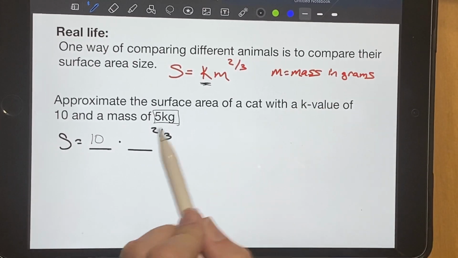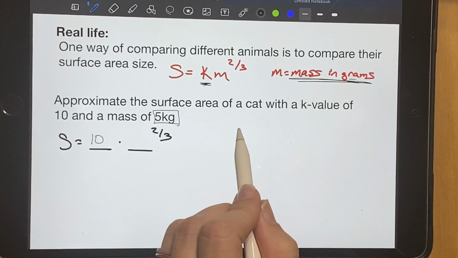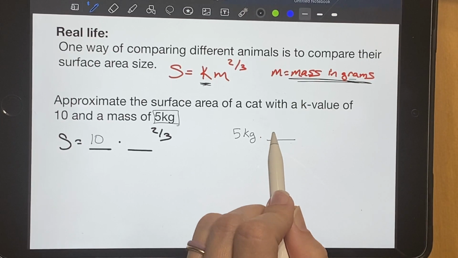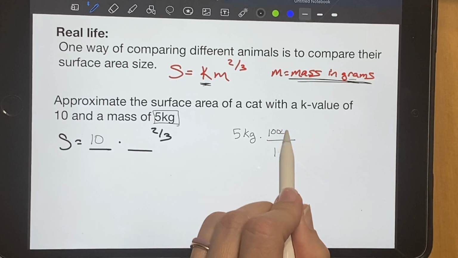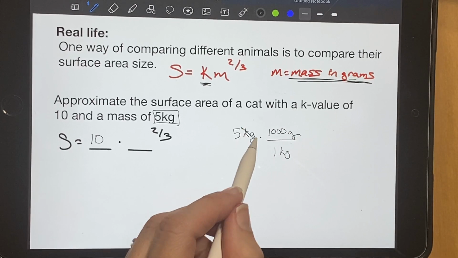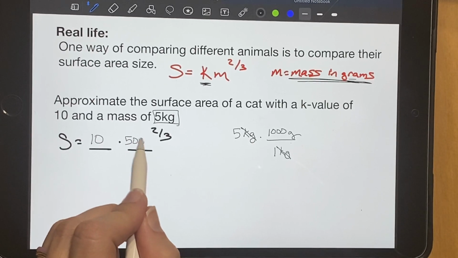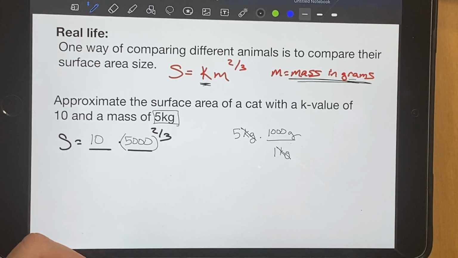The first thing we need to notice is the mass here says mass in grams, and they gave me mass in kilograms. So I've got to take 5 kilograms and change it to grams. 1 kilogram is 1,000 grams, my units cancel out, and now I have 5,000 grams to the 2/3 power.